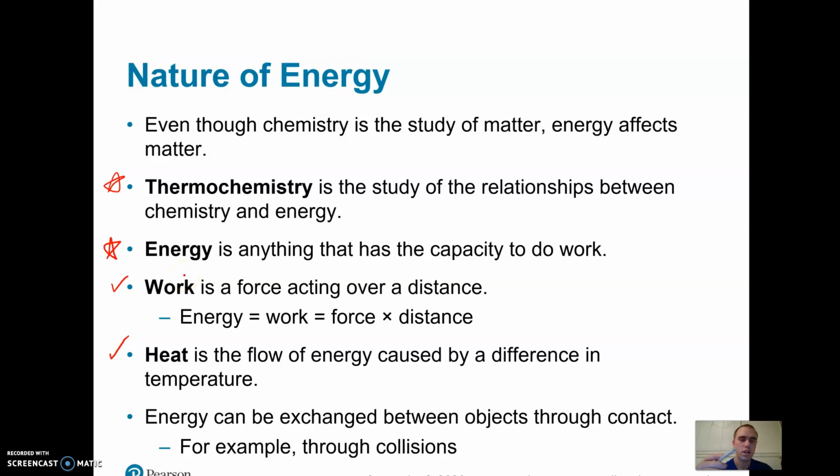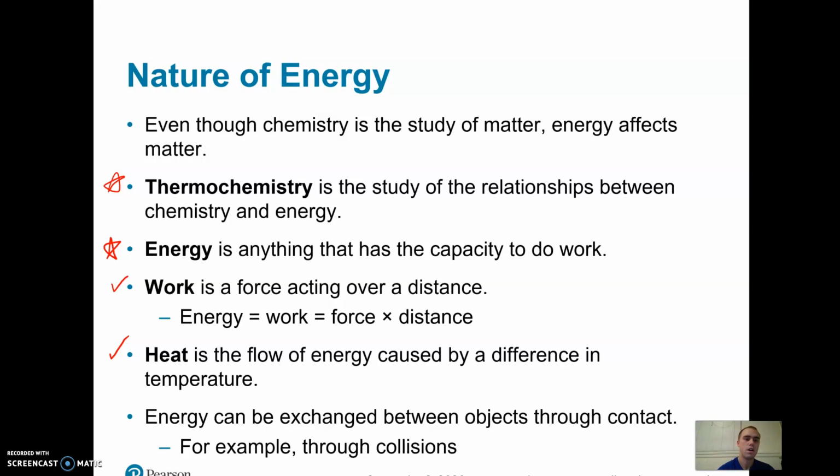Work, and if you've taken a physics class, you might be familiar with work more so than somebody who has not. Work is a force acting over a distance, and it's an energy. Energy can be in the form of work, or in our case, energy can be in the form of heat. Those are the two forms of energy that we are particularly concerned with for now.